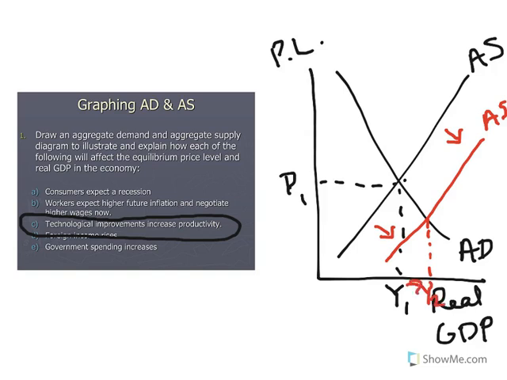So that's going to trigger the expansionary phase of the business cycle because real GDP is increasing. Unemployment rates should be going down, and at the same time, it should effectively cause price levels in the economy to decline. So again, if there's new technology, then it's going to increase aggregate supply, push us into the expansionary phase, and then cause price levels to drop.